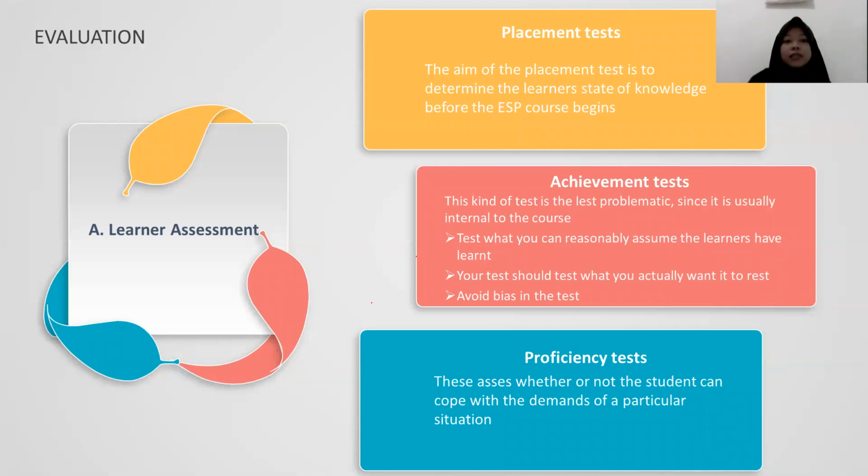Okay, the second one is achievement test. This kind of test is the least problematic. Since it's usually internal to the course, it does not have to conform to external influences, but rather reflects the nature and content of the course itself.